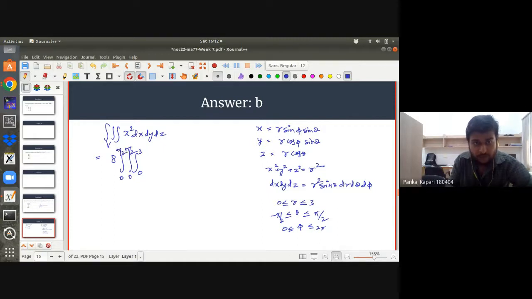Instead of x square, let's write r square sin square phi sin square theta, and we have r square sin theta, and then dr d theta d phi.